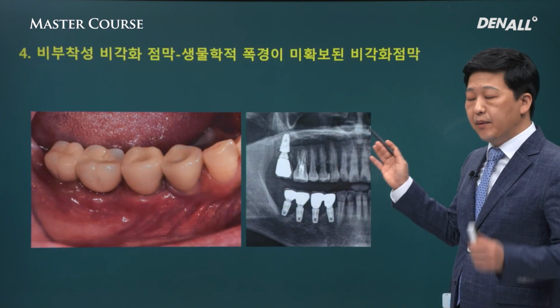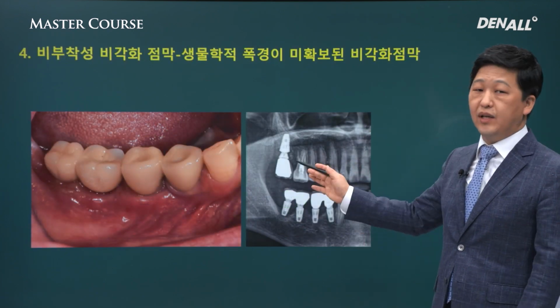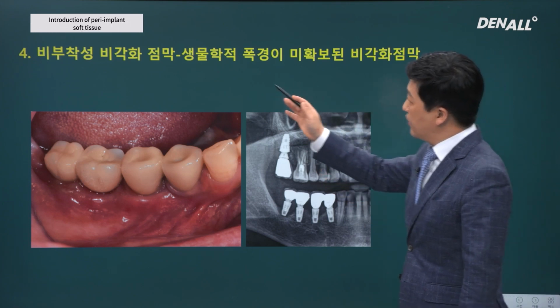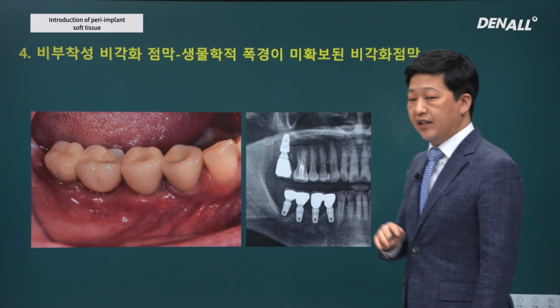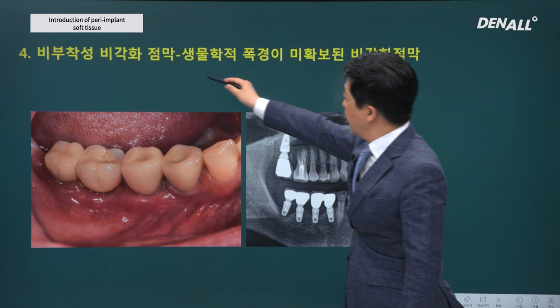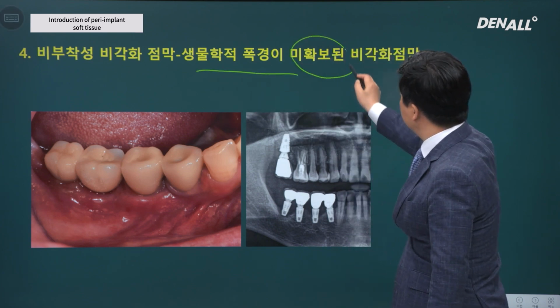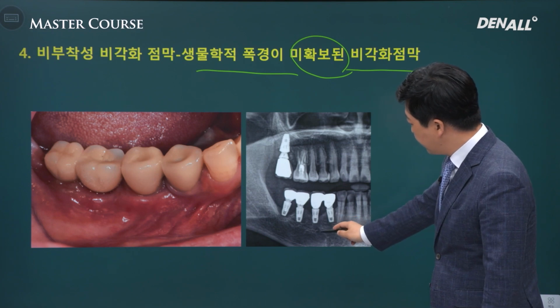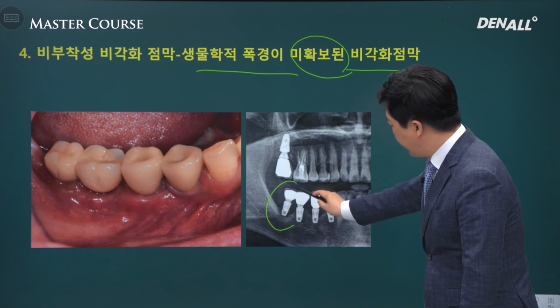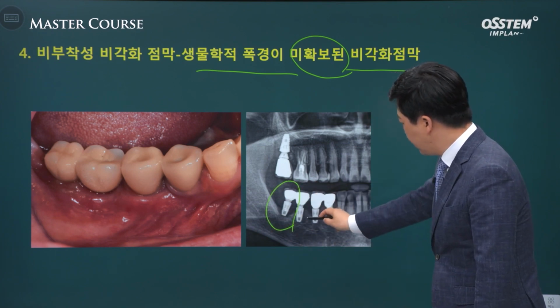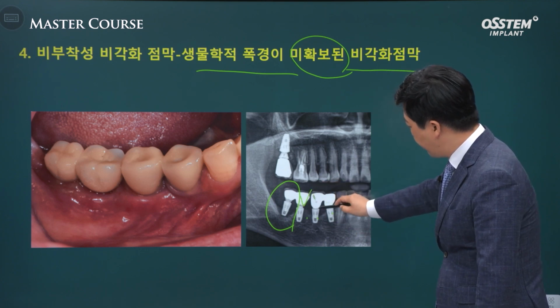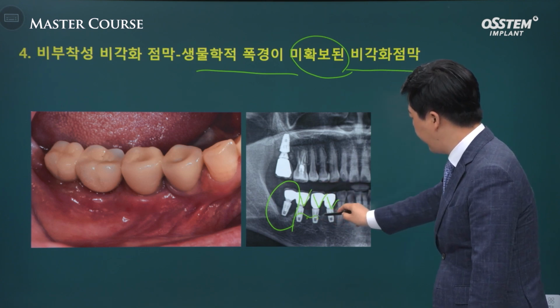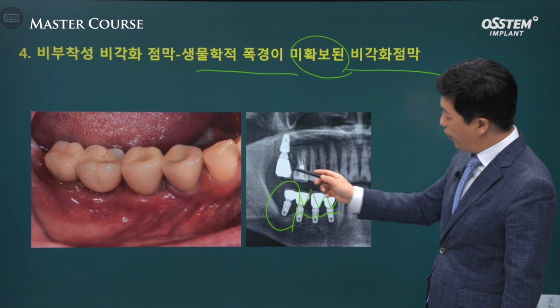The final case is the worst case. There's no attachment and there's no keratinized tissue. This is non-keratinized tissue with no biologic width. If you take a look, on X-ray, the implant is almost floating. All implants show severe alveolar bone resorption. This is peri-implantitis.